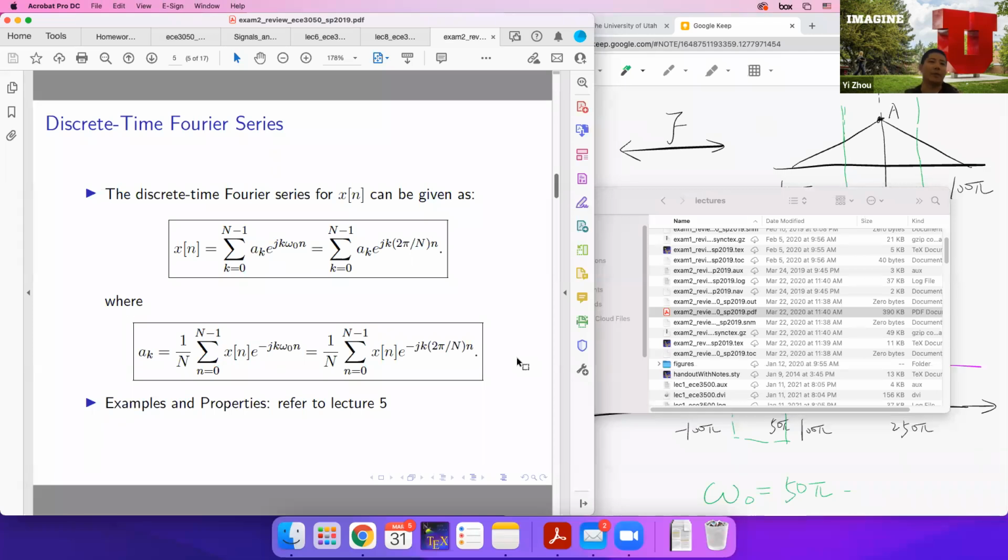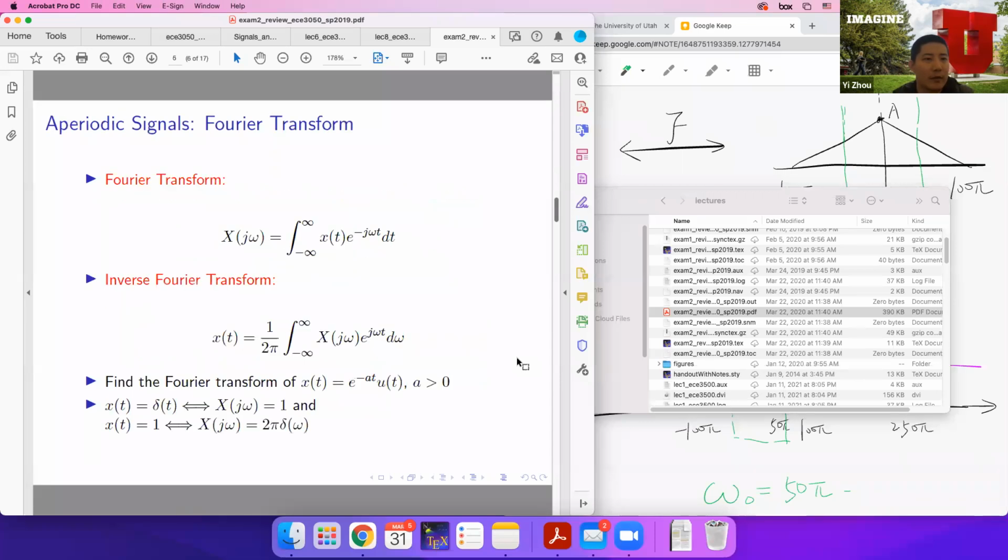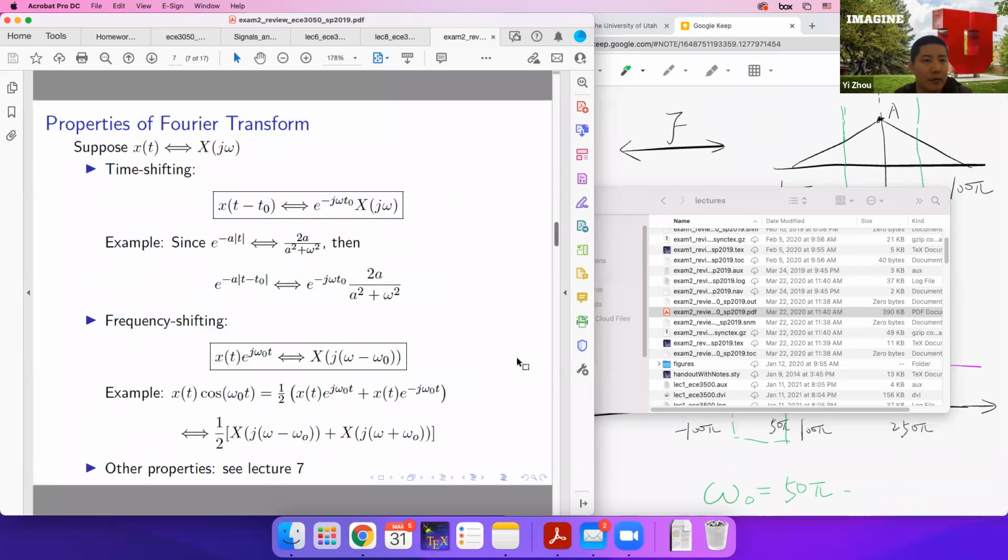And we have discrete time Fourier series. And then this is the definition of the Fourier transform. And the properties of Fourier transform: time shifting, frequency shifting. These two are some of the most important properties.